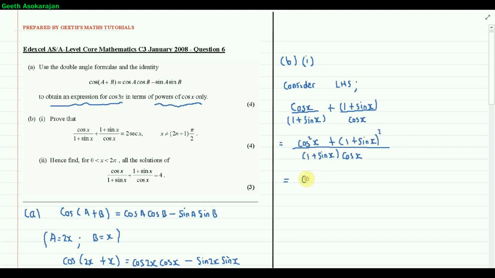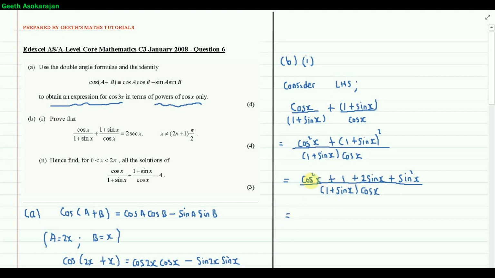So on top currently we have a cos squared x from here, plus, and if I multiply 1 plus sine x squared, we're going to get 1 plus 2 sine x plus sine squared x. So that is what you get as a result of the multiplication of this particular bracket on top. Let me keep the bottom term as is, so 1 plus sine x cos x. I'm not going to multiply out the denominator, let's leave that as it is.